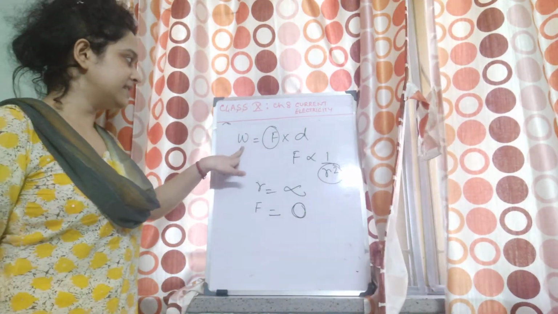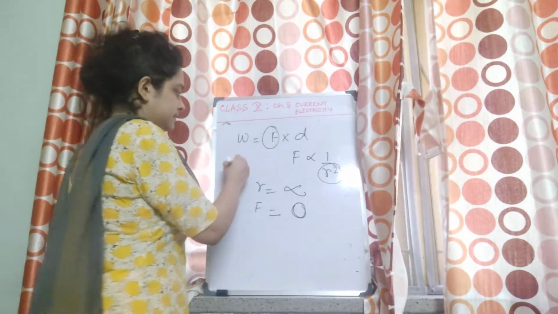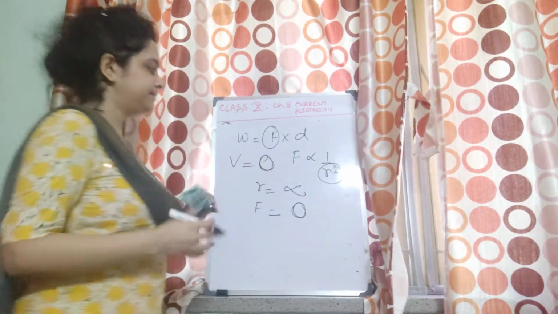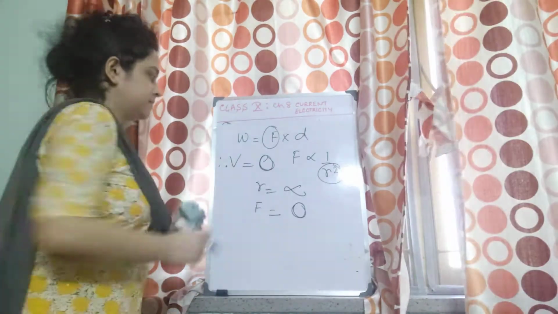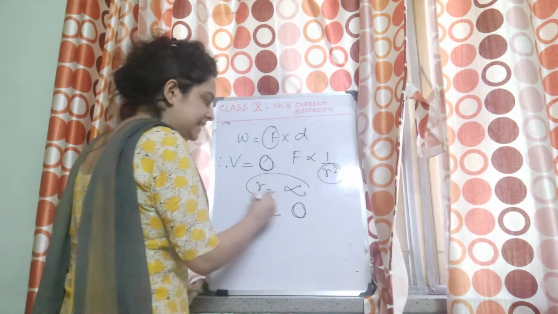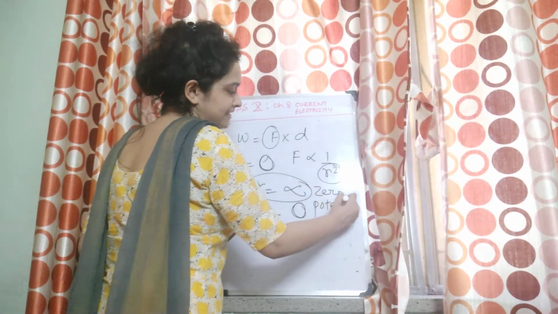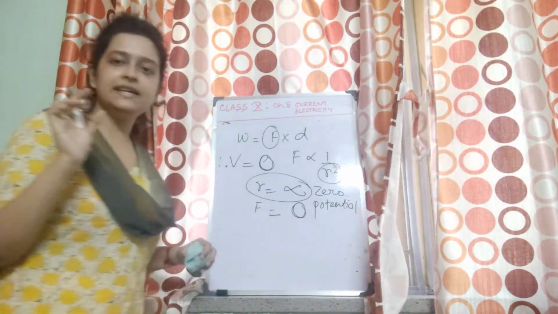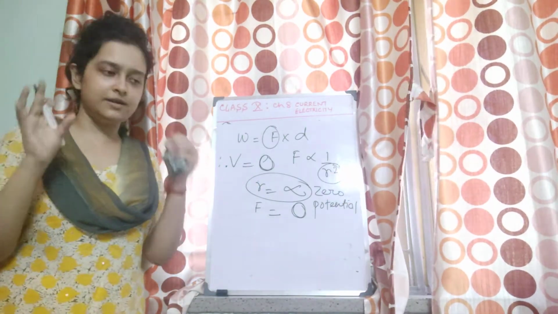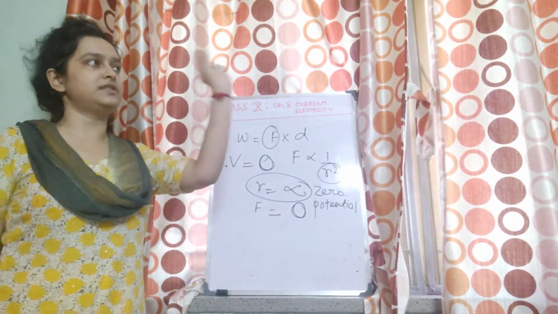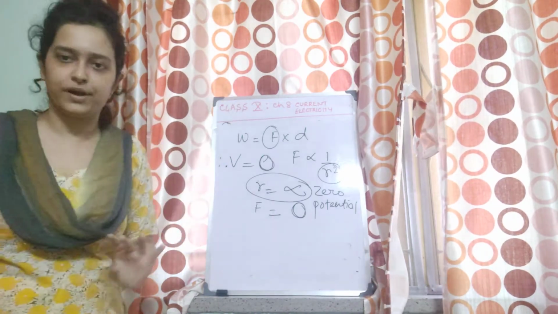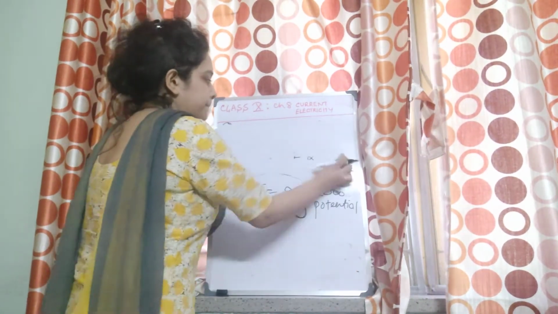F becomes 0, this becomes 0 and V becomes 0. So at infinity, zero potential. That's why we use in the definition of potential the concept about bringing a positive test charge from infinity to that point.